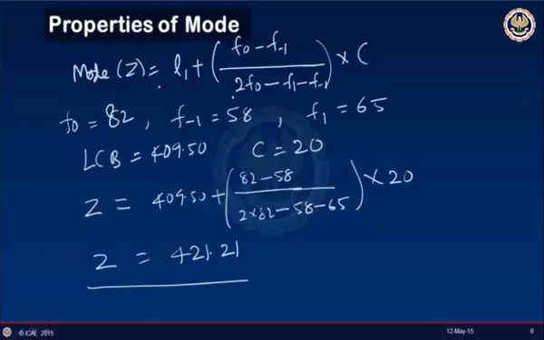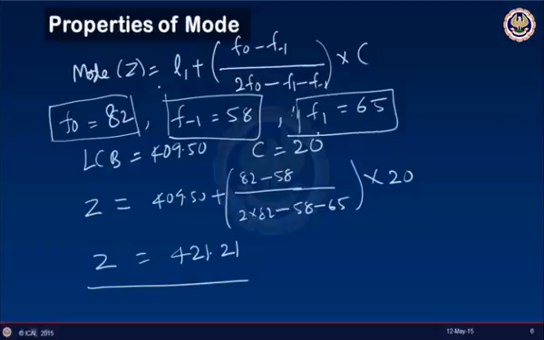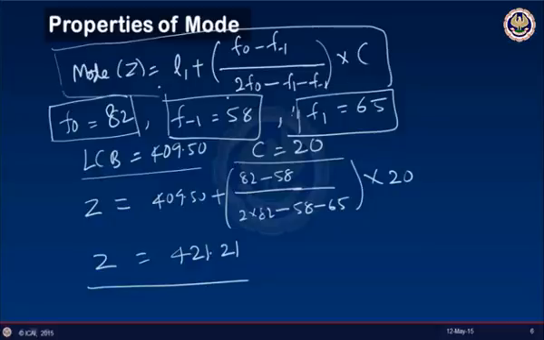So the mode for grouped data uses the formula: mode equals L1 plus F0 minus F minus 1, divided by 2F0 minus F1 minus F minus 1, into C. We first find the modal class, then the pre-modal and post-modal frequencies, the length of the class interval, and the lower class boundary. Then we substitute all the values in the formula and get the value.